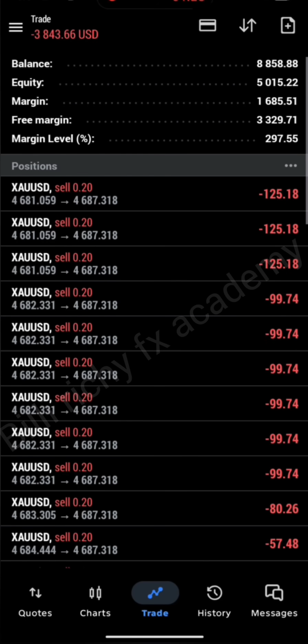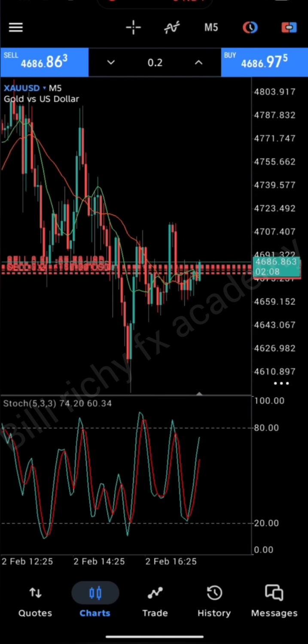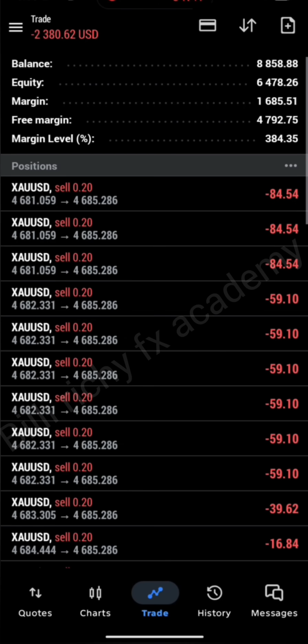We are in a serious drawdown right now. Let's see how this goes. The market is still going against us. Is this going to be an SL? Is Billy going to hit an SL? Let's watch out and see what's going on. It is coming down.